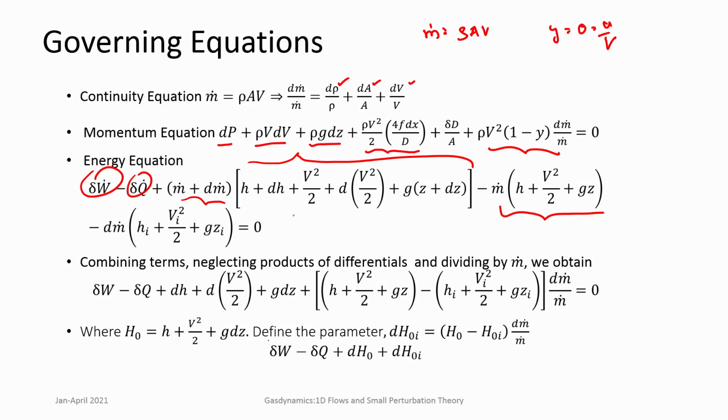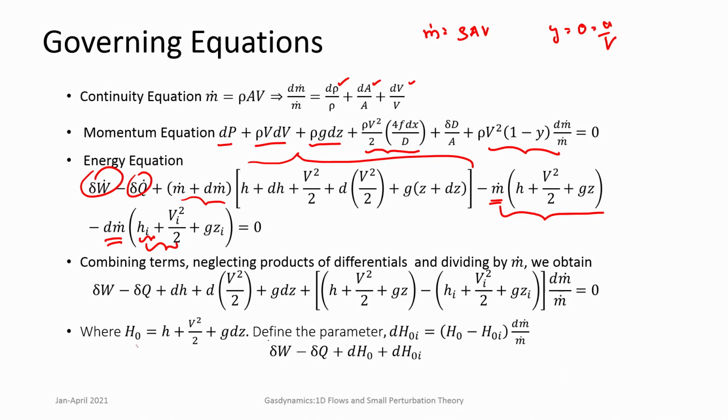So, outgoing is given here: h plus dh, v square by 2 plus d of v square by 2, plus gz plus dz, while incoming, one is due to the core mass flow, the other one is due to an injection dm dot, and here it can have a different total enthalpy, which is for the injectant. Okay. So, that is possible.